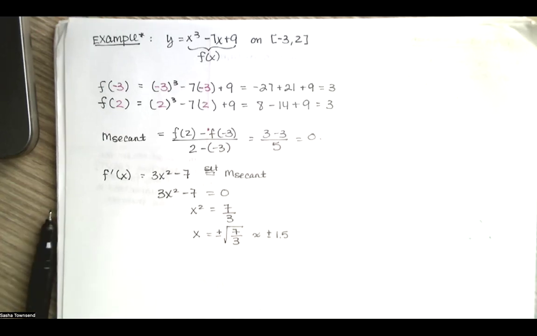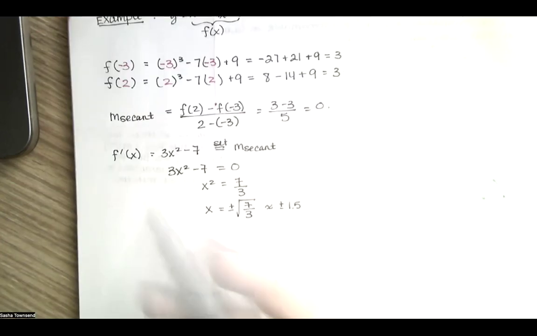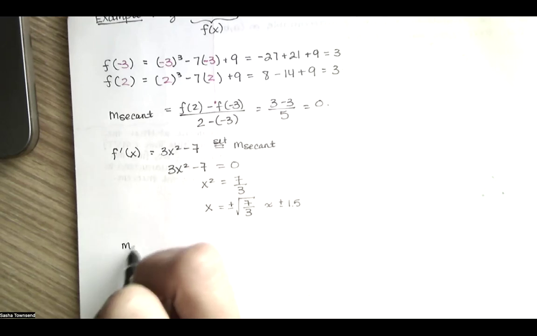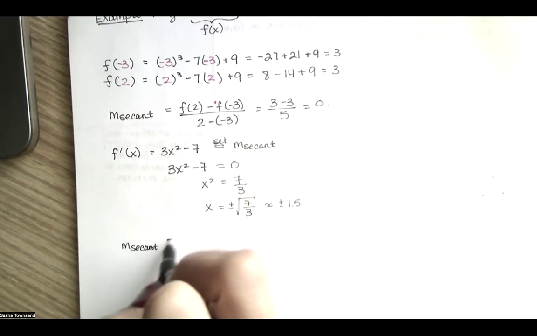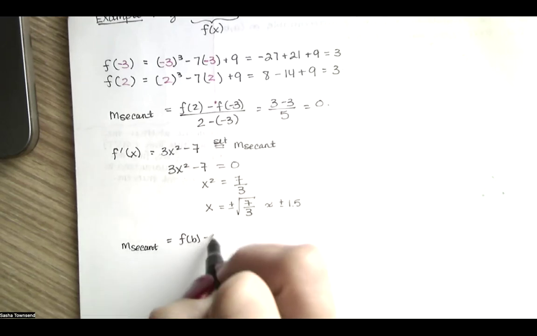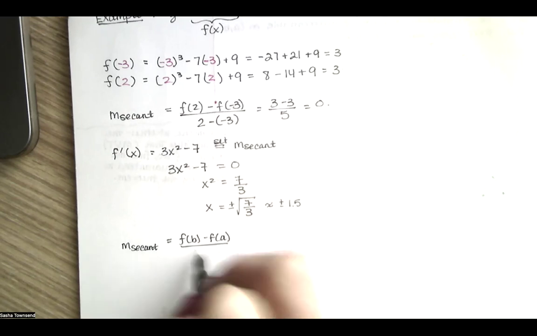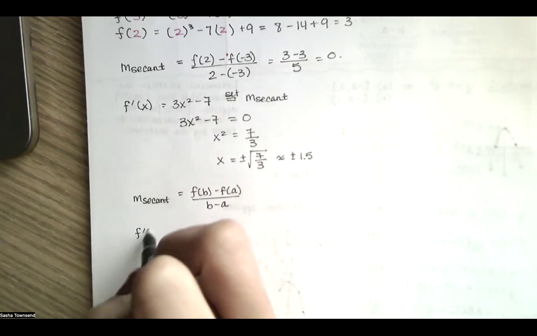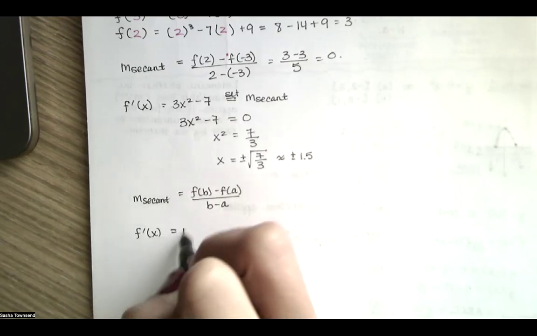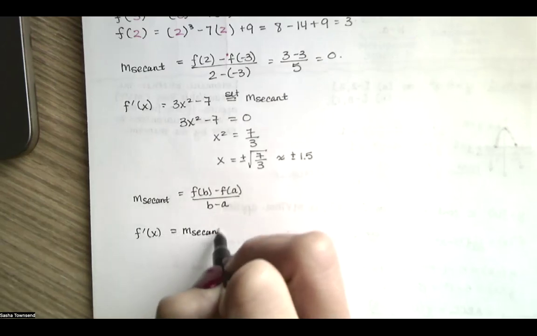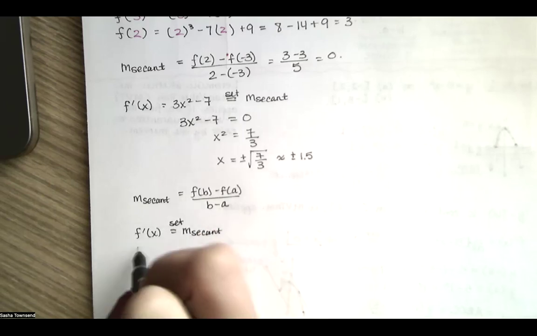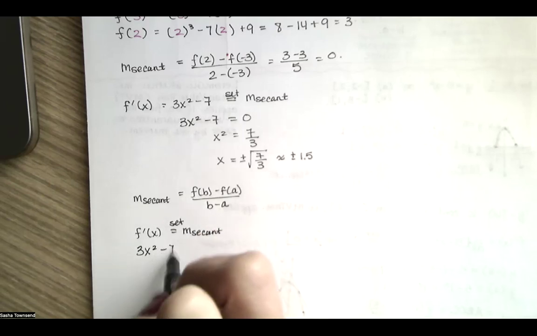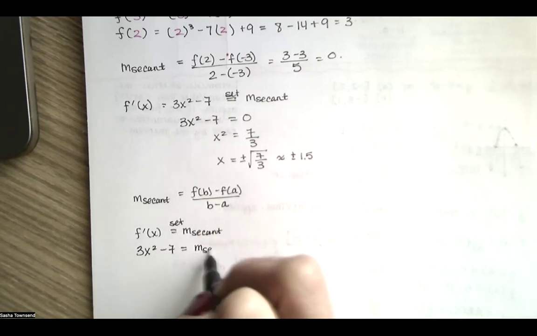So in general, let's say m secant is just going to be f of b minus f of a divided by b minus a. And then to find the points of interest, we set f prime equal to m secant. In this case, 3x squared minus 7 equal to m secant.